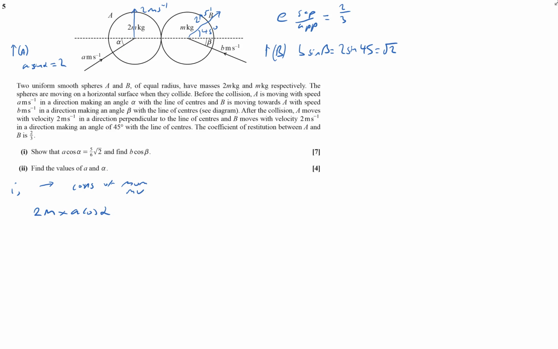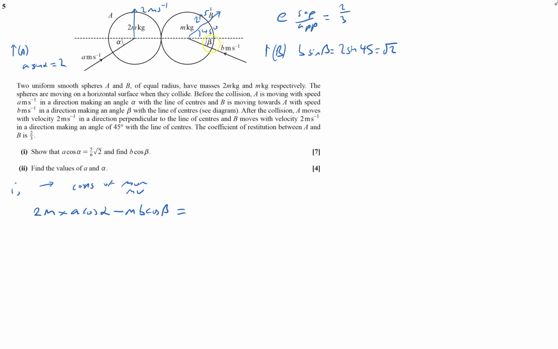And then don't forget, momentum, direction matters. So it's going to be minus mass times the velocity, which will be B cos beta, and that's the initial momentum, and that's going to have to equal the final momentum.